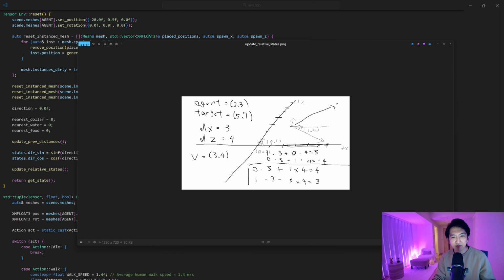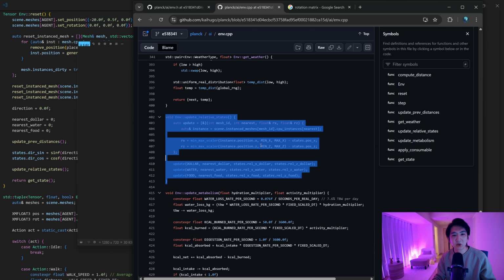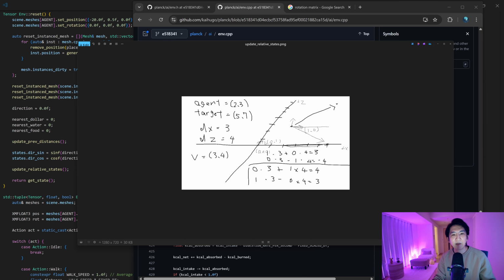And this function would work if he never rotates, or his direction is always 0 radians, because in this case he just has to learn that he has to go 3 units to the right and 4 units to the front.